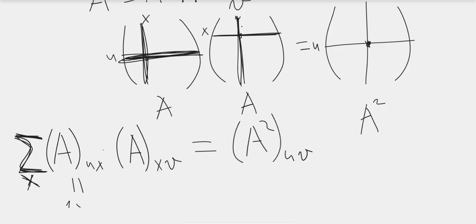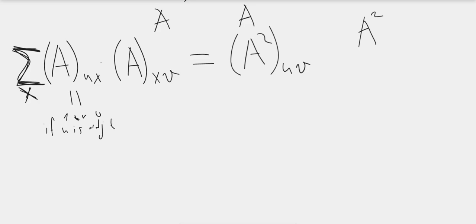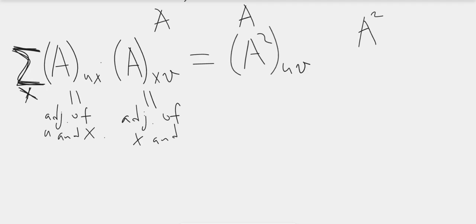So this is 0 or 1 indicating the adjacency of u and x, and this value is 1 or 0 indicating the adjacency of x and v.